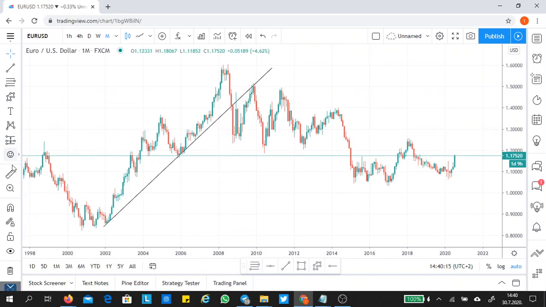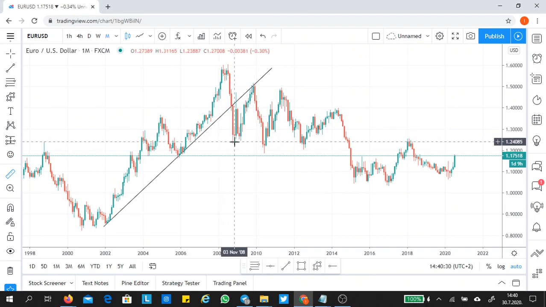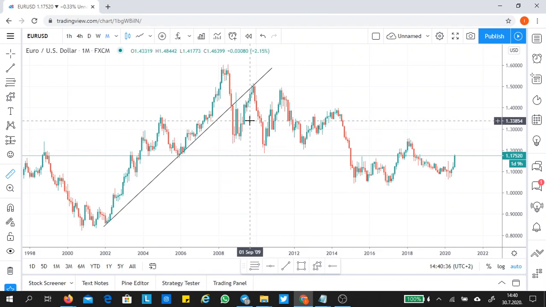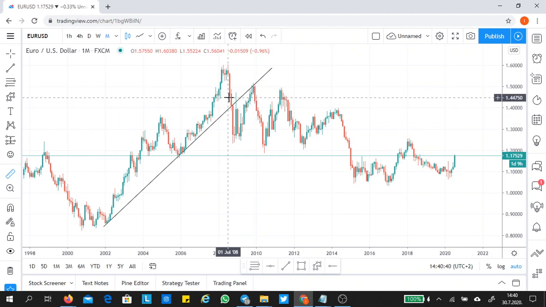How much is this? Let's say it's pretty much, it's like 13 bars, so 13 months. We saw a price action which was like retesting the broken trend line.